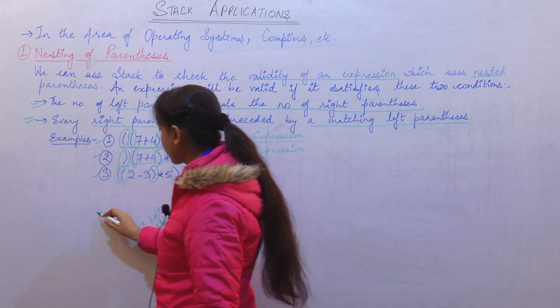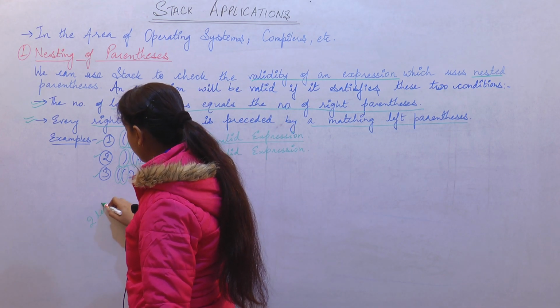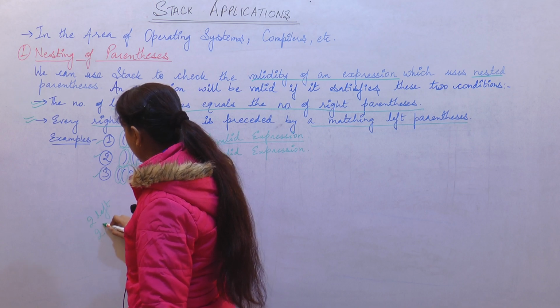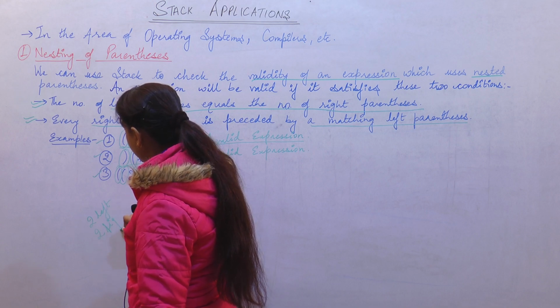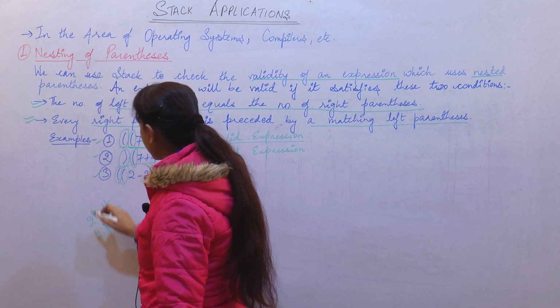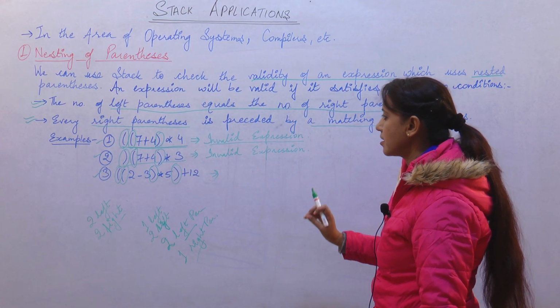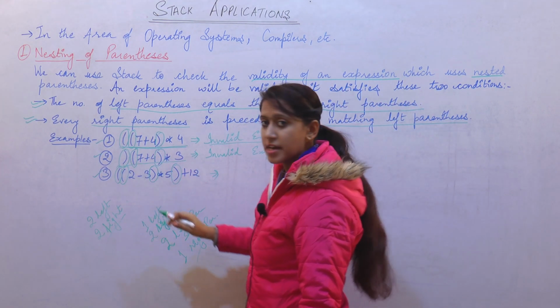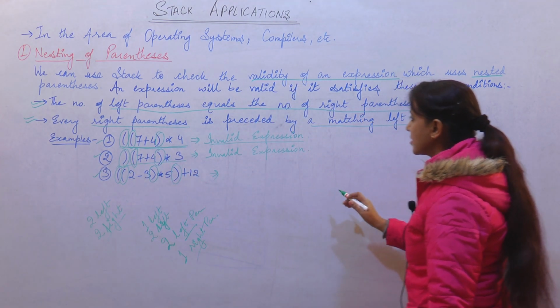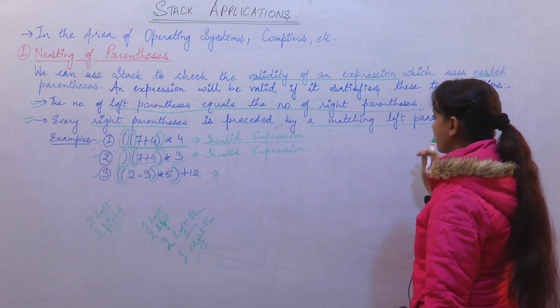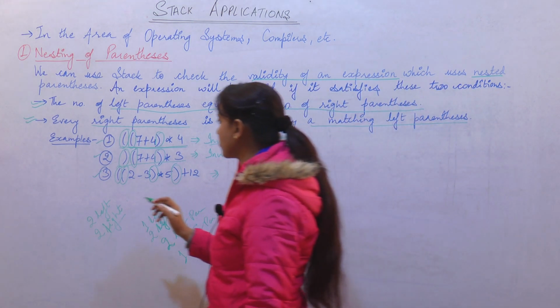In this third equation we have 2 left parentheses and 2 right parentheses. That means our first rule is fulfilled. Now we will check the second rule, that every right parenthesis is preceded by a matching left parenthesis.